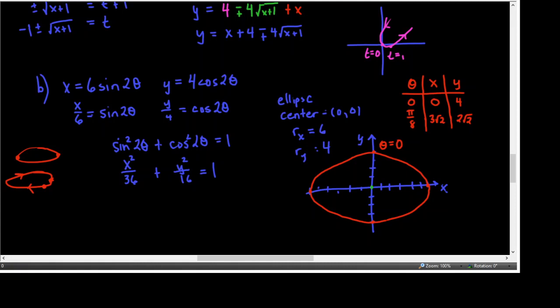So we're about right there. It doesn't have to be super exact, you just have to be in the ballpark. So to me, this is pretty clear that this is moving clockwise around the ellipse.